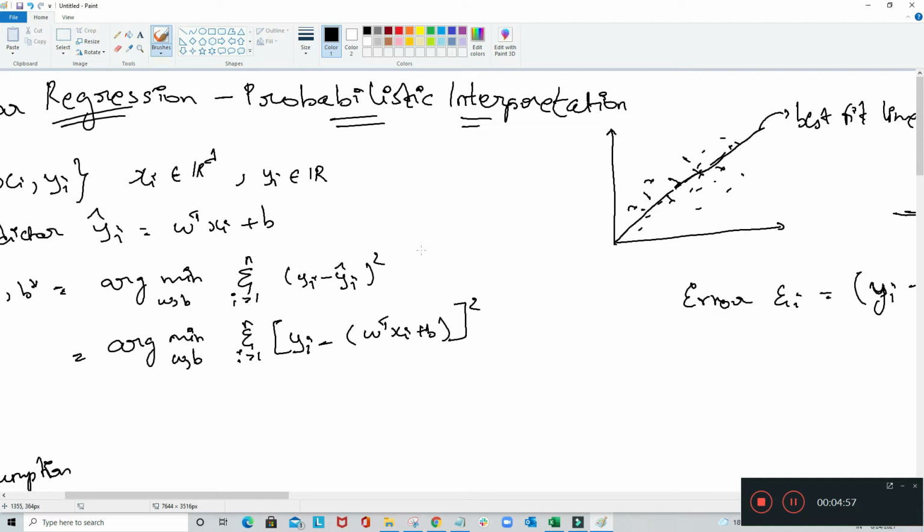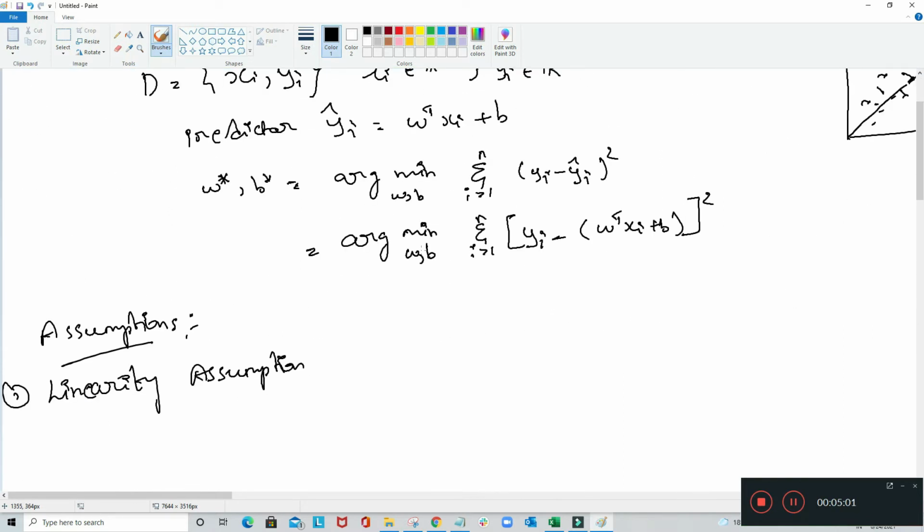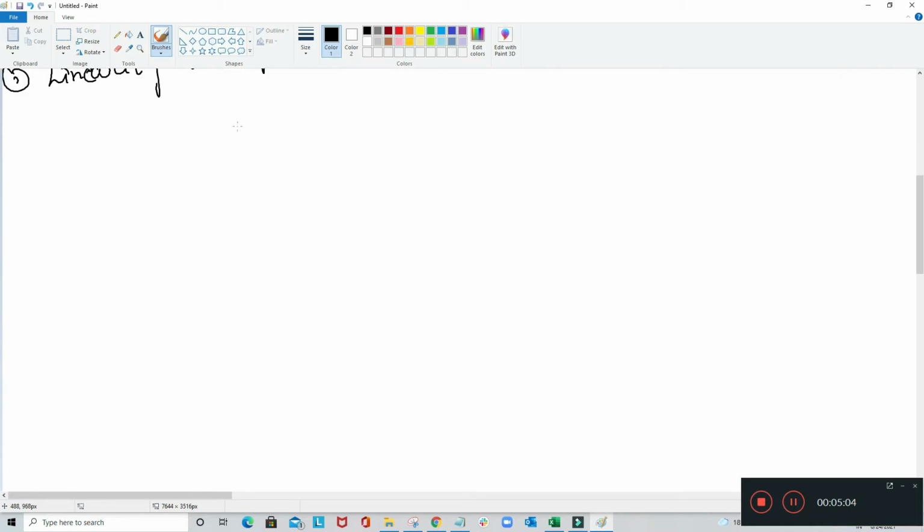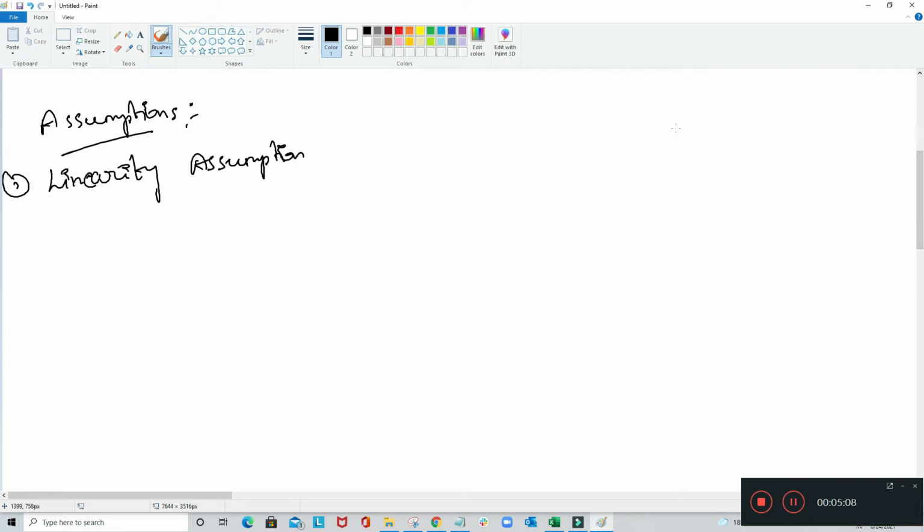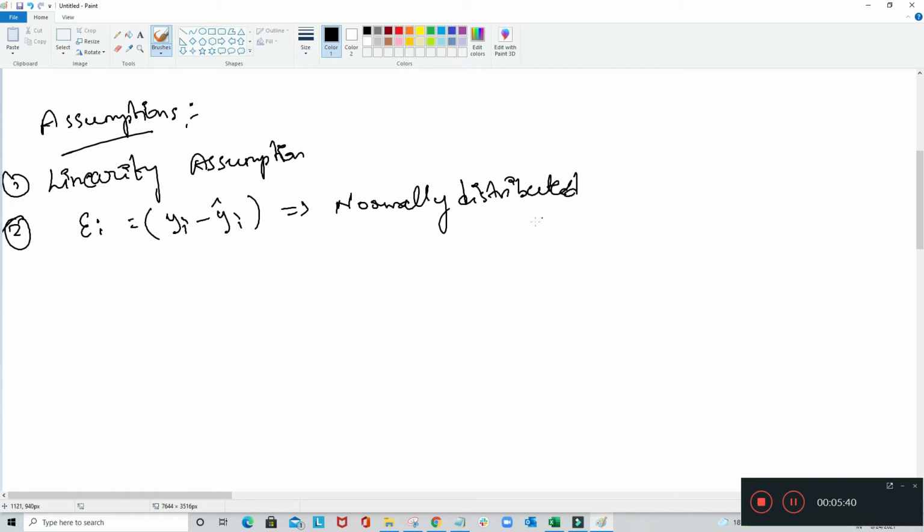That is called linearity. The second assumption: the error epsilon i is given as yi minus yi hat, and these errors are normally distributed with mean 0 and variance sigma square.